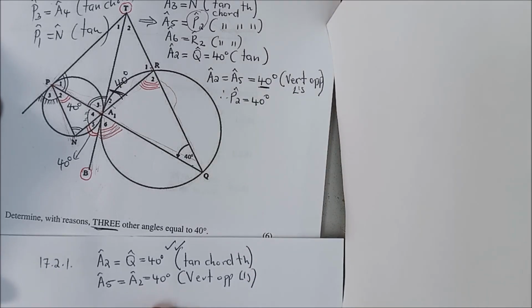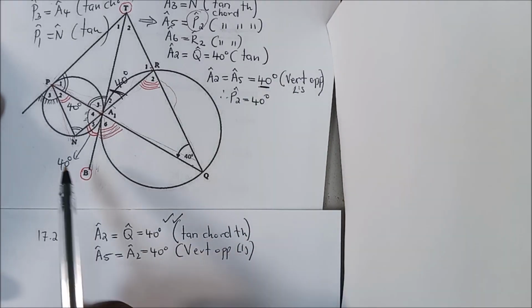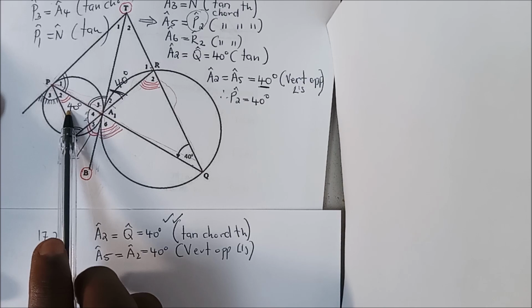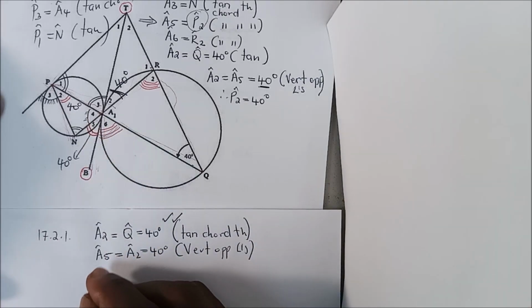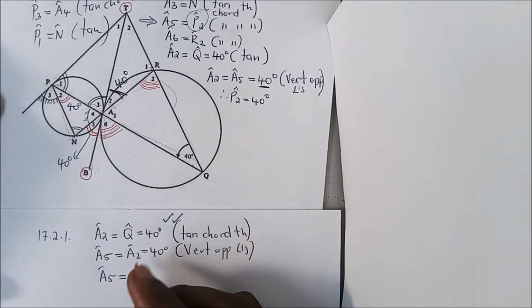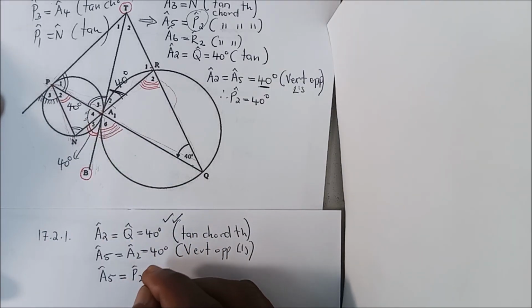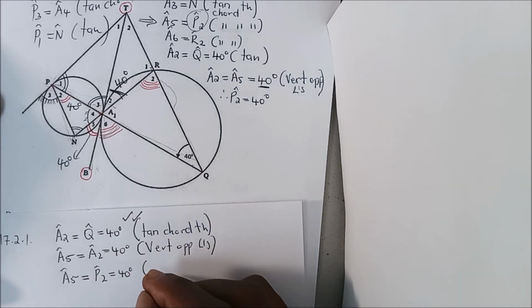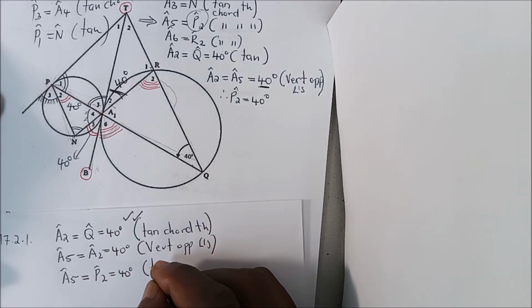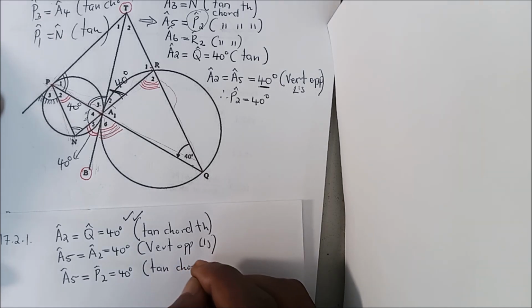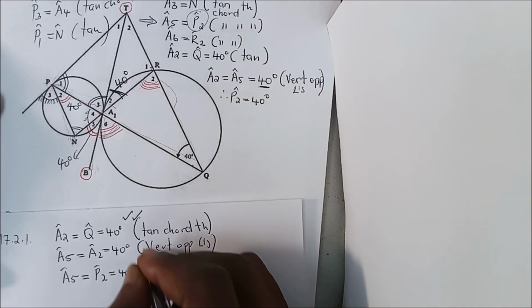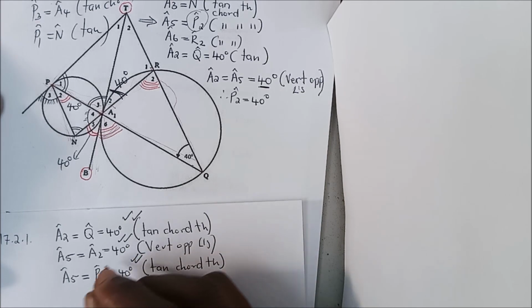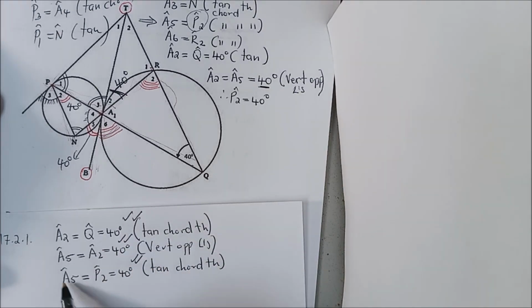So now the last angle, do you see that 40 there? Because we said A5 equals P2 equals 40 degrees. What was our reason? Our reason was tan chord theorem. So you have 3 angles that are equal to 40 degrees.